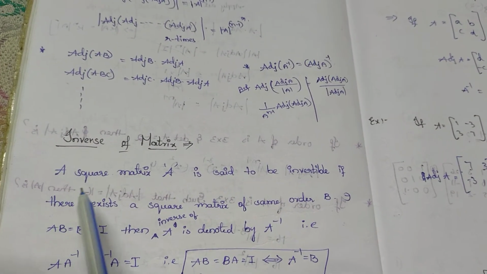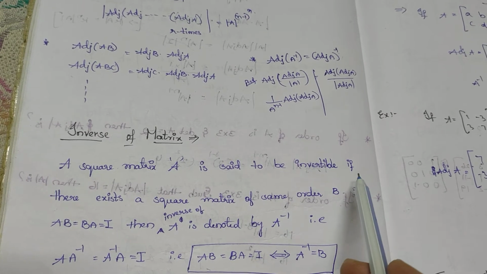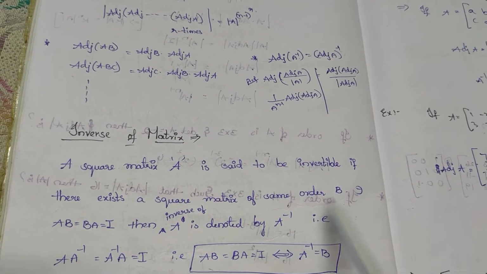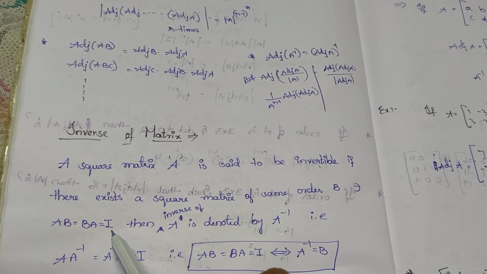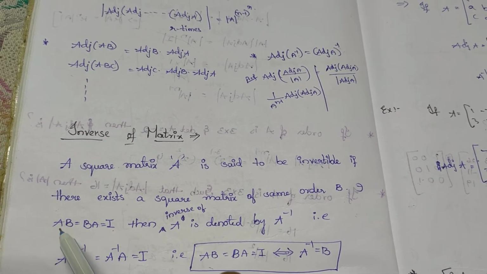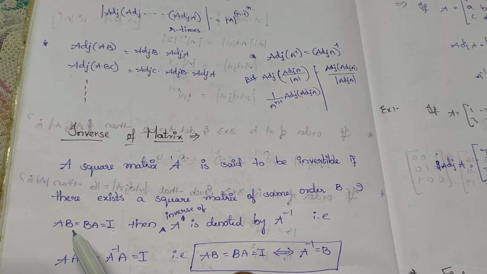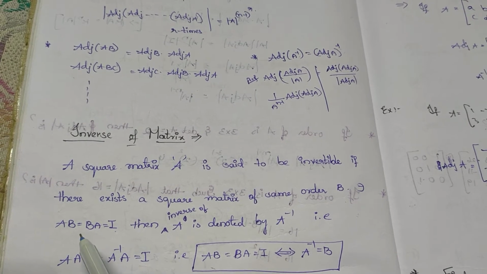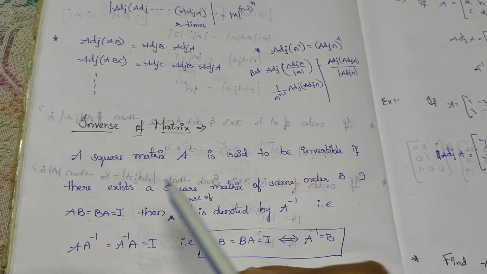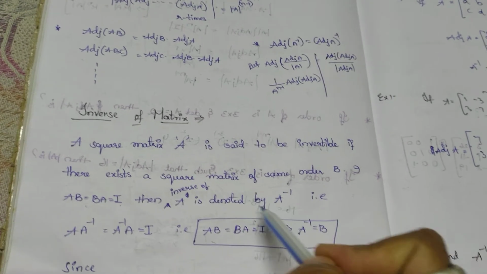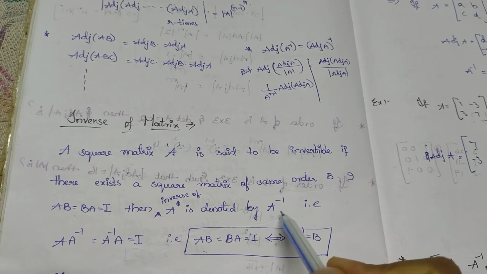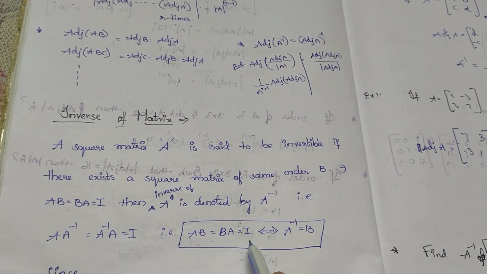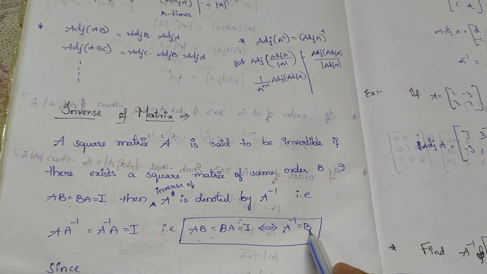Once you remember, that inverse of A is nothing but B. So B is equal to A inverse. You can say directly, if AB is equal to BA is equal to I, then A inverse is equal to B.